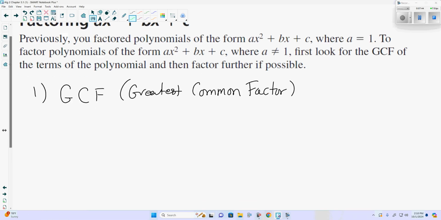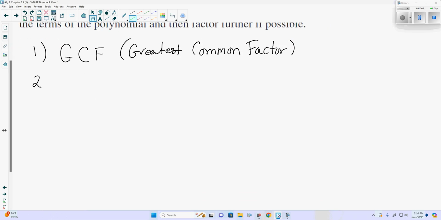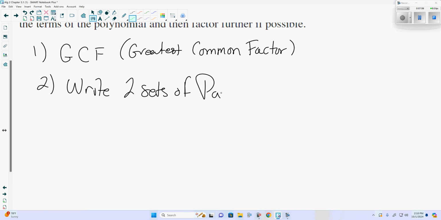So our second step is to write 2 sets of parentheses with 3 spaces. 2 sets of parentheses with 3 spaces.